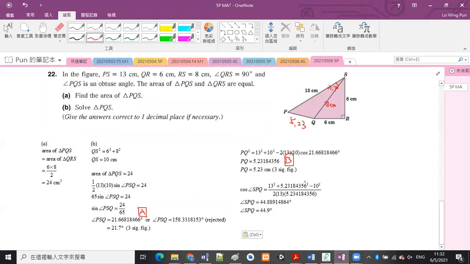This one is memory C. So we have successfully found angle P to be 44.9 degrees.